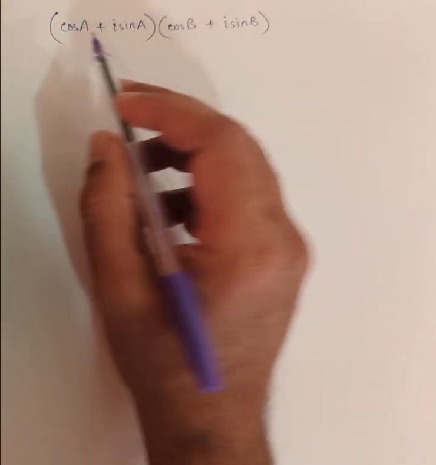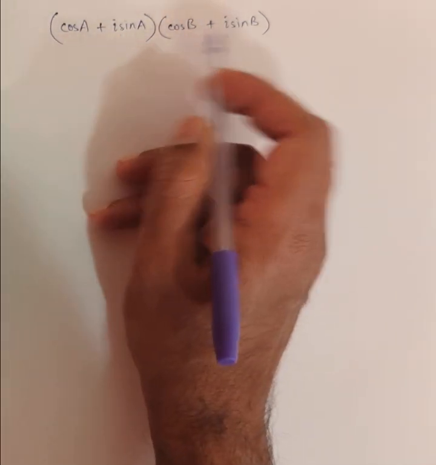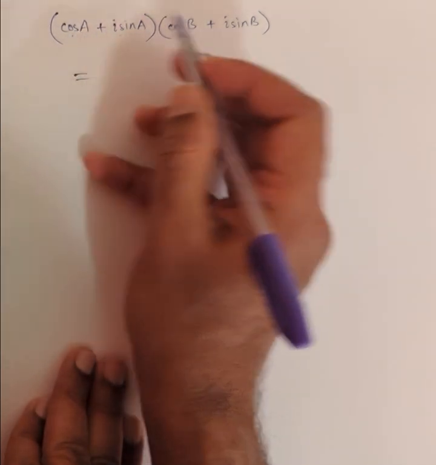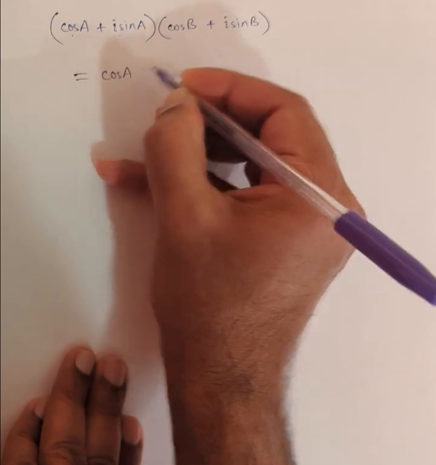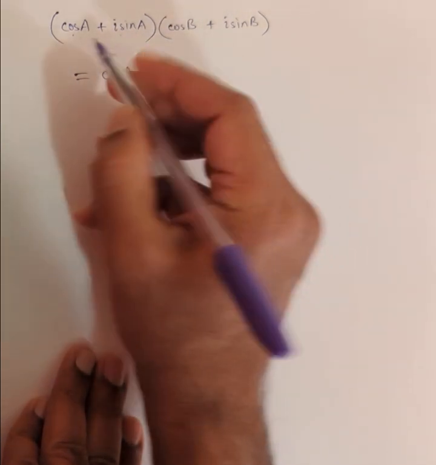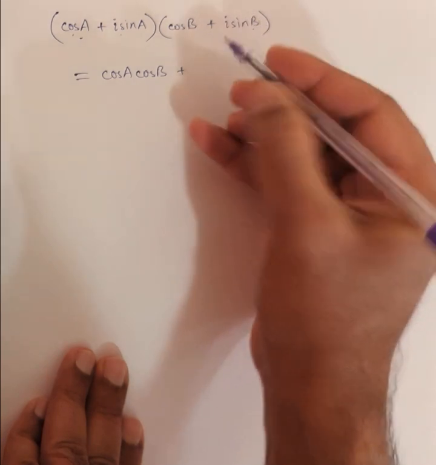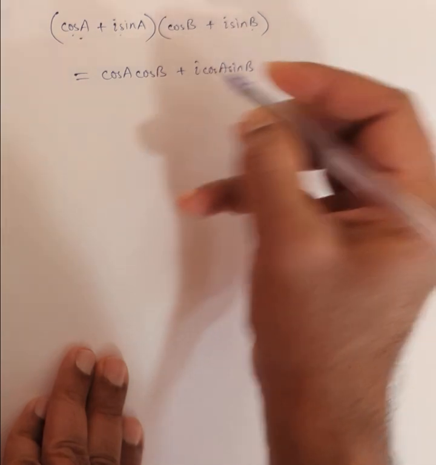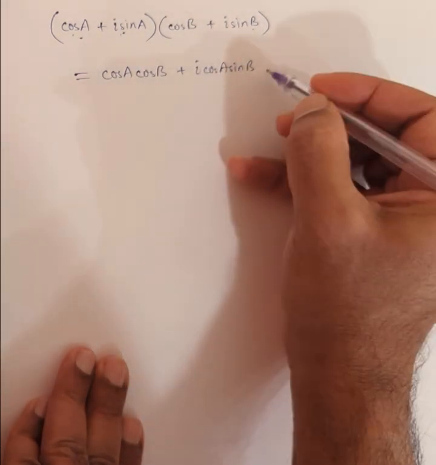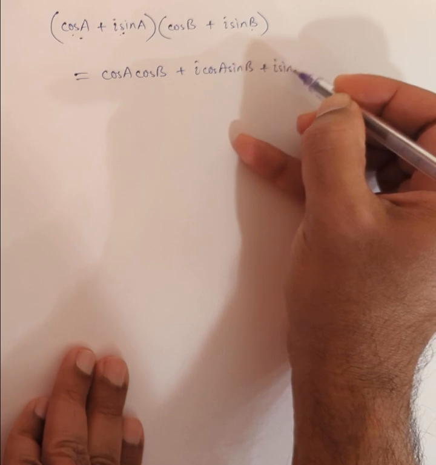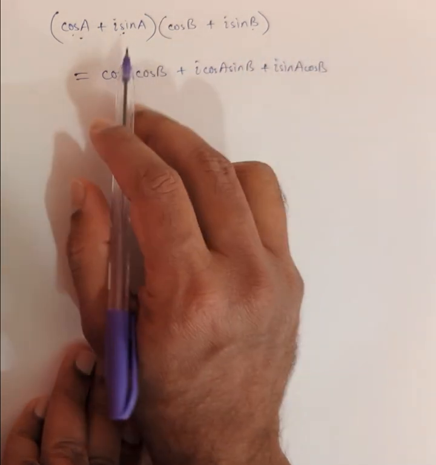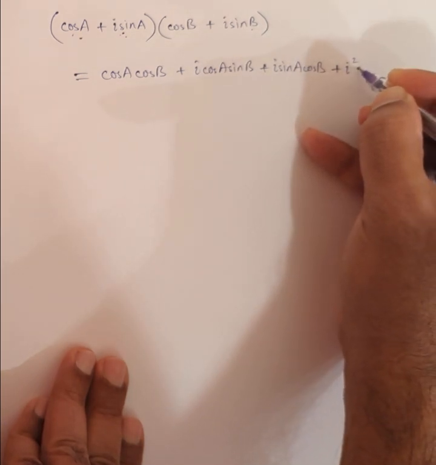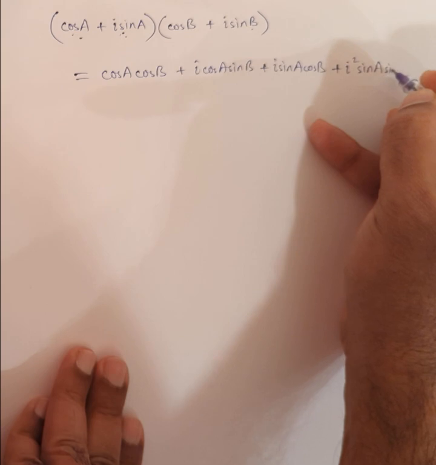And we just multiply each term here with each term there, or just apply the FOIL method: multiply cosine A, cosine B, plus multiply cosine A with i sine B, you get i times cosine A sine B. Now multiply i sine A times cosine B, so i sine A cosine B, and multiply i sine A with i sine B. So i times i is i square sine A sine B.